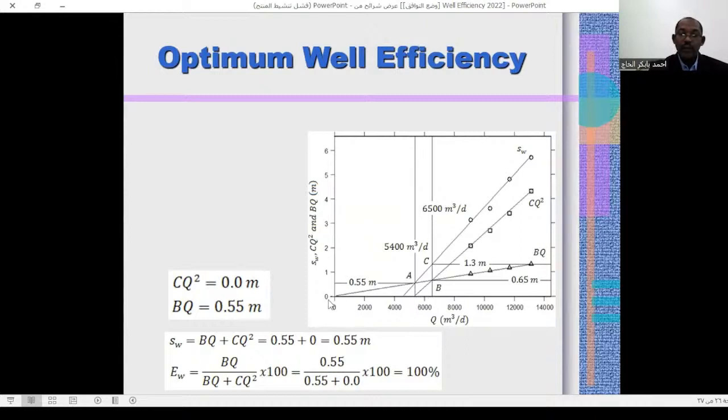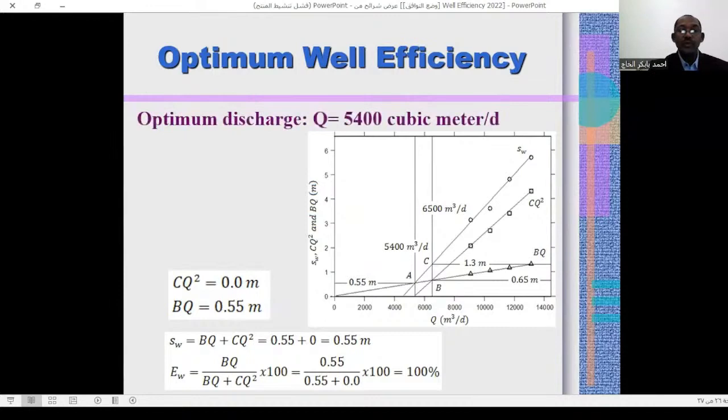This is the new method, useful for controlling the management of water resources or groundwater resources. Optimum discharge equals 5,400 cubic meter per day.